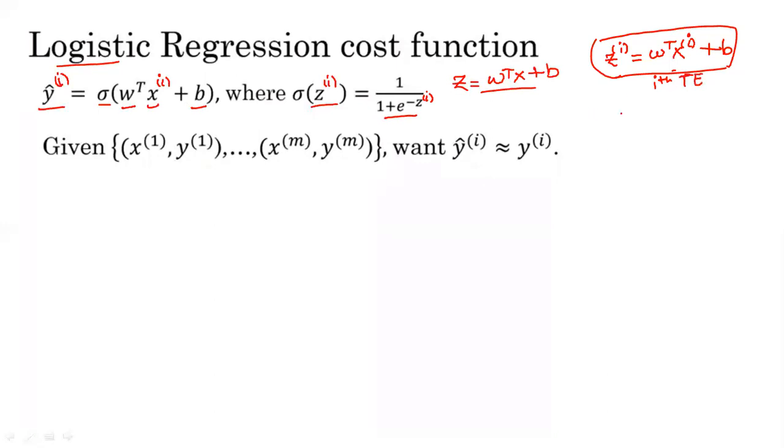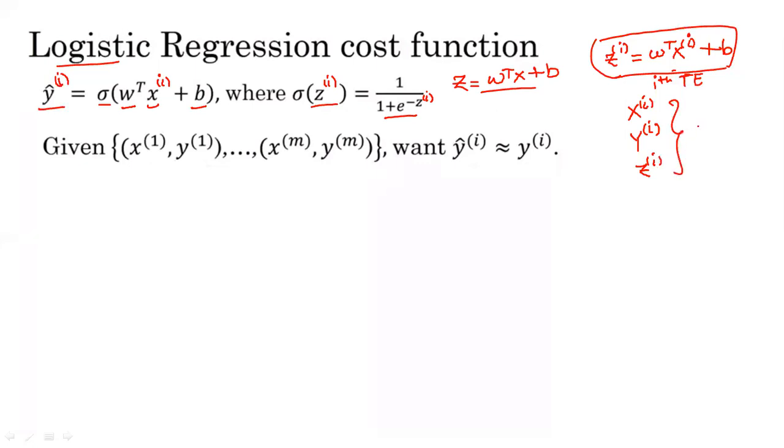So what we have basically done is, if you want to apply this formula for the ith training example, then the following are the notations that you can use. The input feature vector x would become x of i, the output would become y of i, and z would also become z of i.